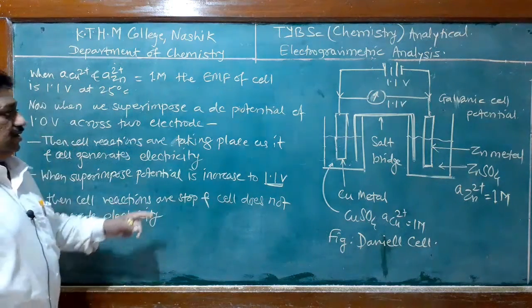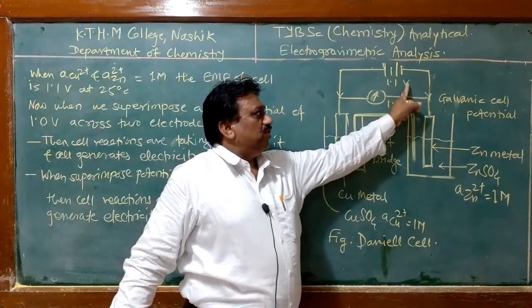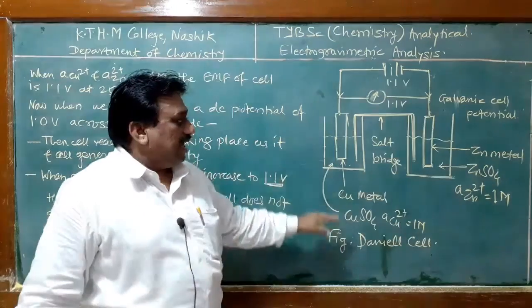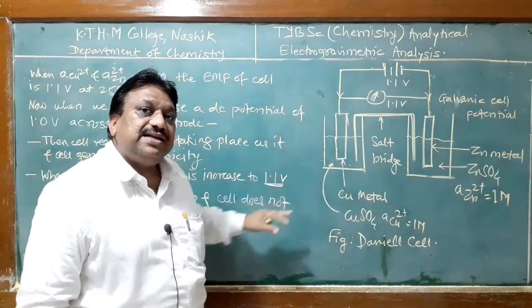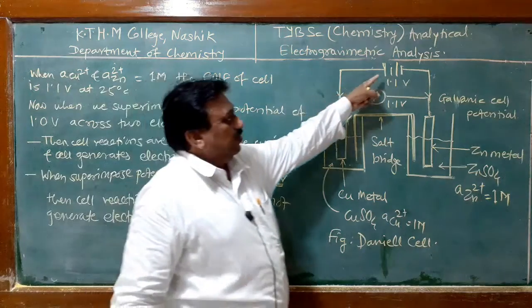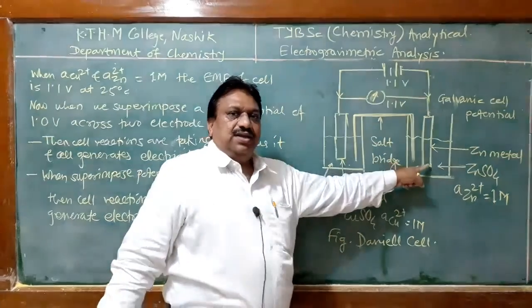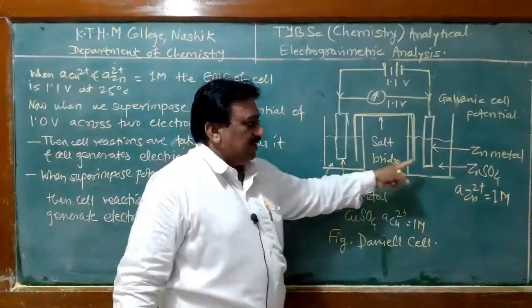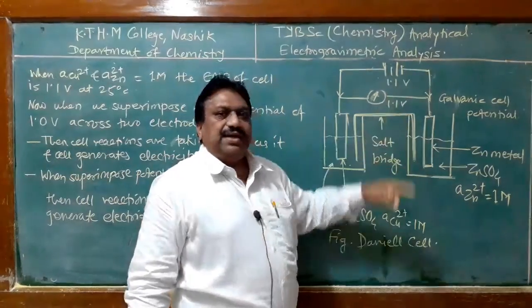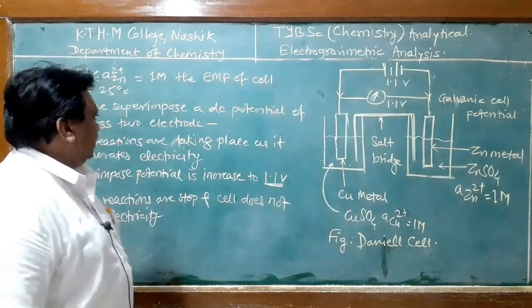That means here when we superimpose 1.1 volt potential across these two electrodes, at that time this cell does not generate electricity, because with this applied potential, we can stop the electrode reaction taking place on both electrodes, and at that time the galvanic cell does not generate electricity.